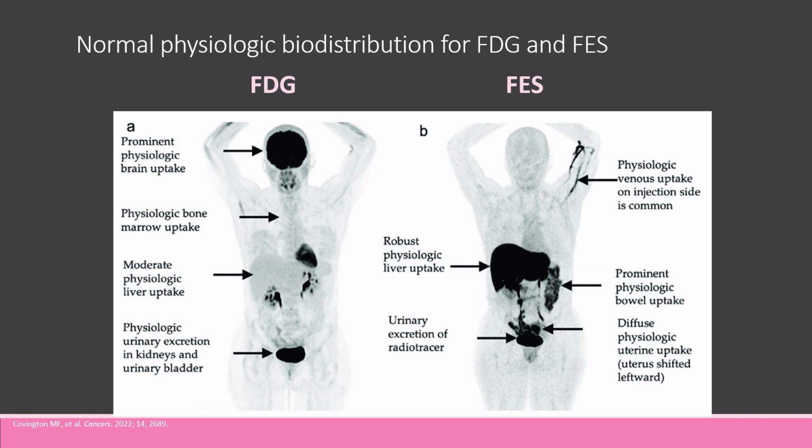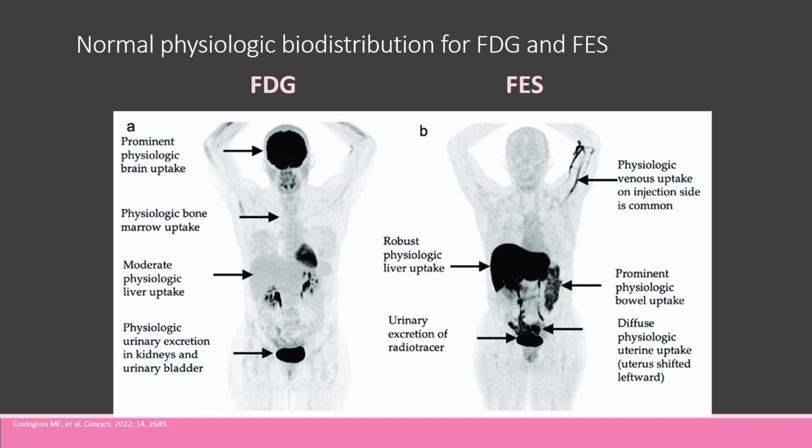So if you're looking for metastases to the brain, you cannot evaluate that with FDG, but with FES you can, because you don't typically see brain activity there. And so FES is the only one that allows for visualization of the ER positive lesions in the brain.